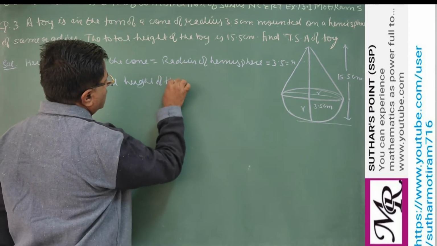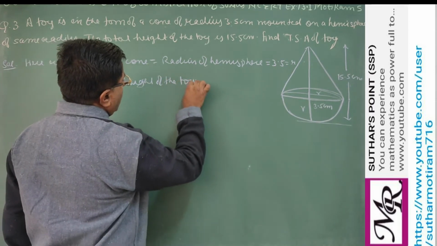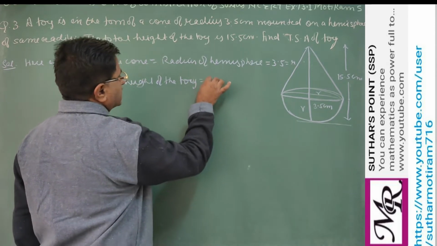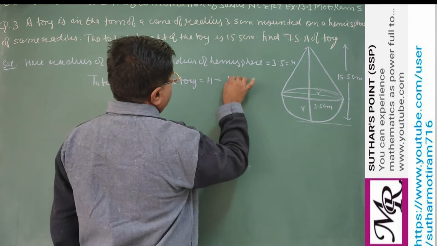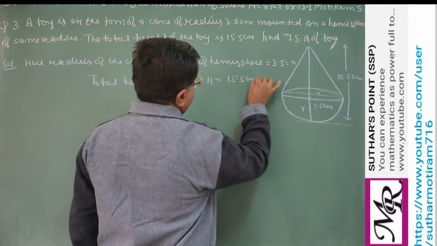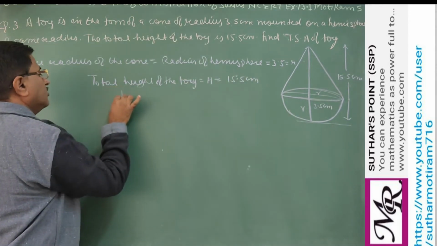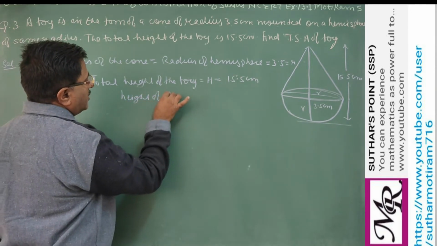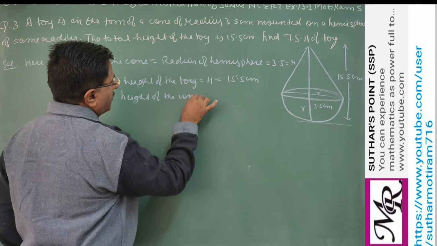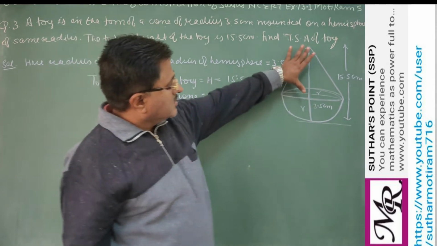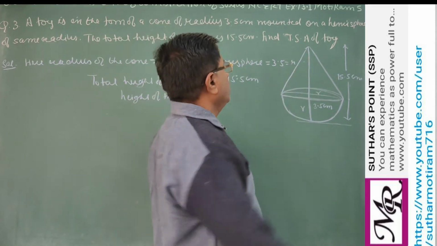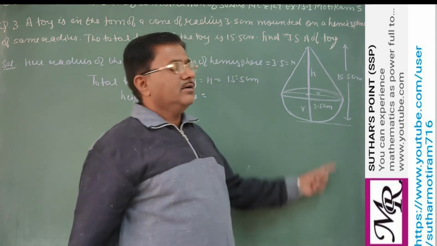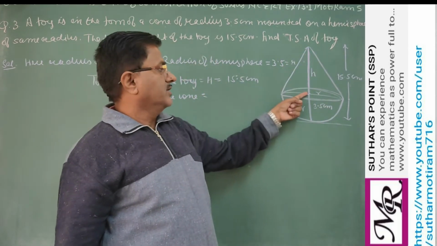And the total height of the toy is given, suppose capital H, 15.5 centimeter. So the height of the cone, this is the height of the cone, small h.